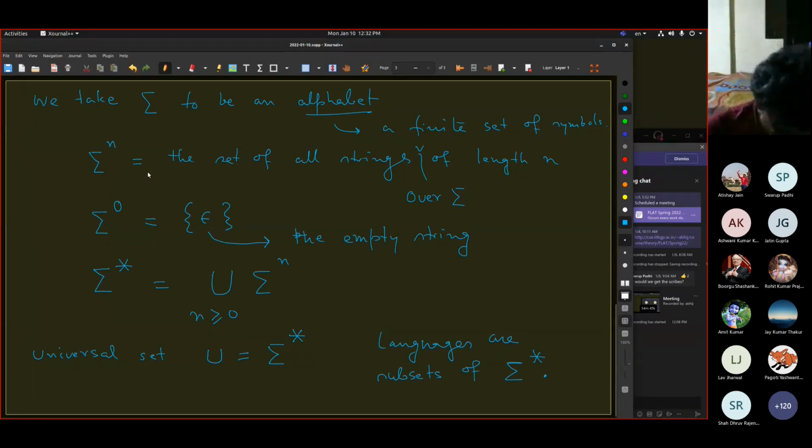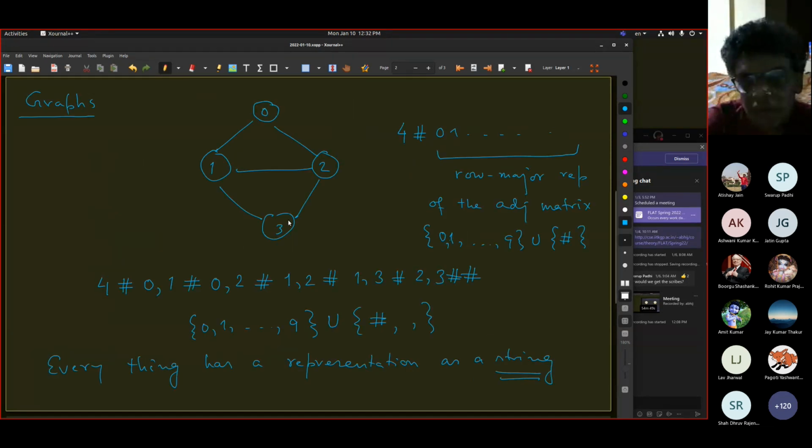Another thing I just want to say in passing is that you can see lots of symbols here, 0, 1 through 9, hash. Each such symbol has an ASCII encoding, right? Something like an 8-bit binary encoding. For example, 0, as far as I remember, is 48, 1 is 49, 9 is 57, hash has something.